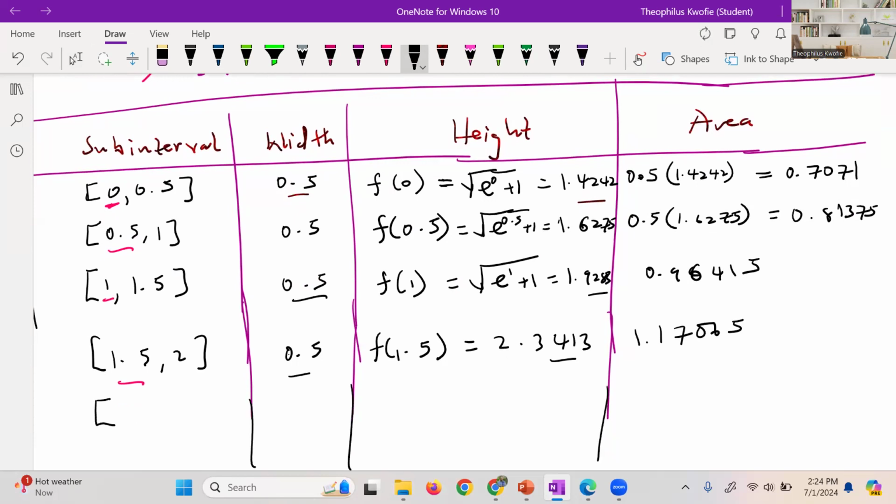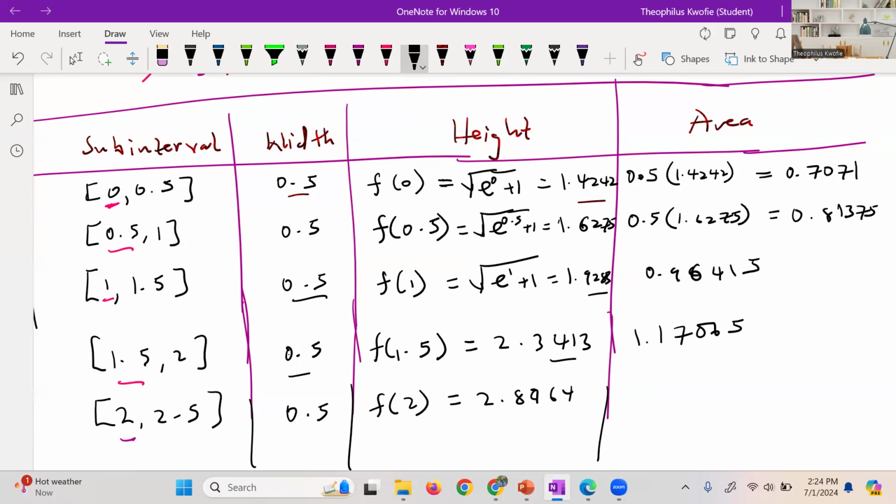Then we pick the next subdivision, which is 2 to 2.5, and the width still remains the same. We pick the left endpoint and plug it into the integrand, and that should give us f of 2. And by plugging that in, we should have 2.8964.